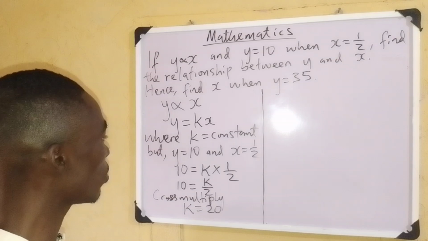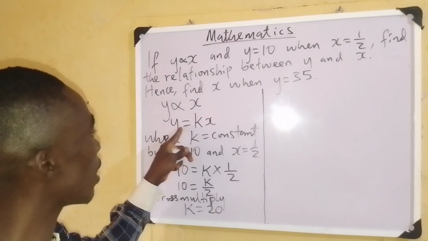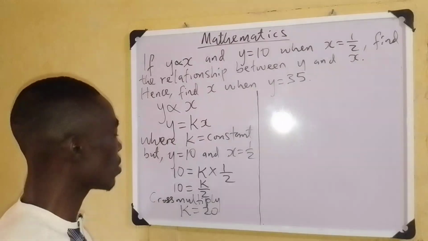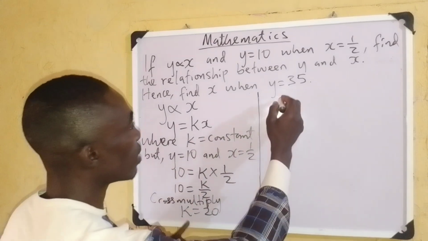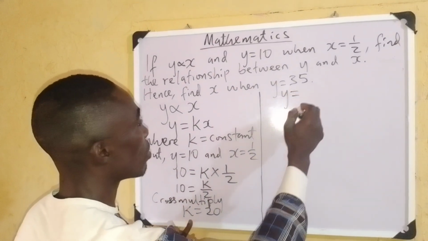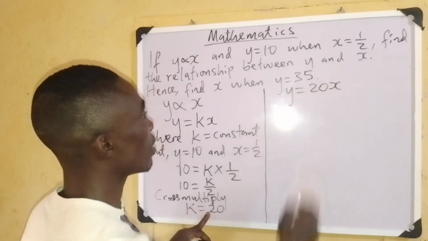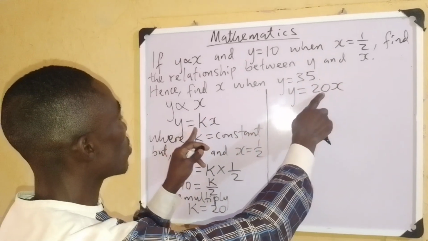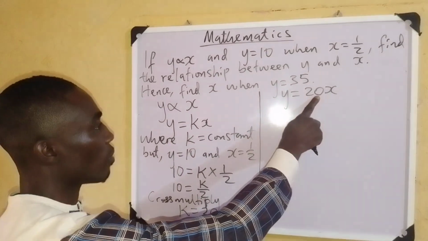Is that all? No. We go back to the equation. We know that y is equal to kx. So we now carry that 20 and replace that k, then we now have that y is equal to what? 20x. That is replacing the k in this equation with the 20, because we have found what k stands for.